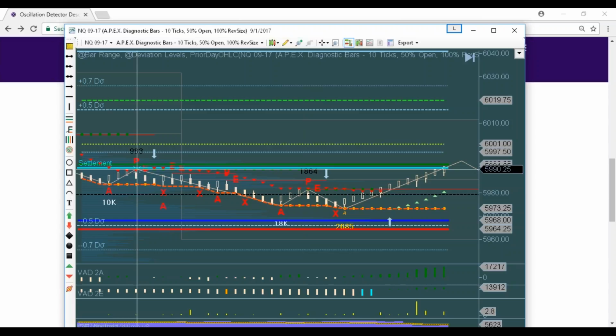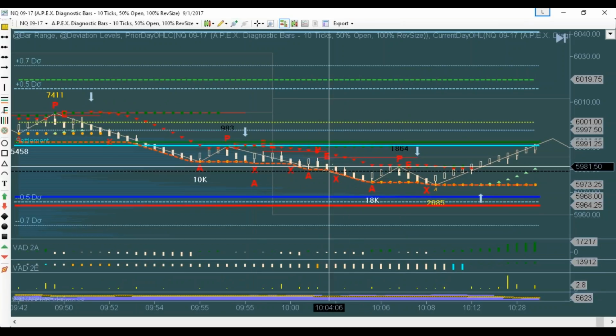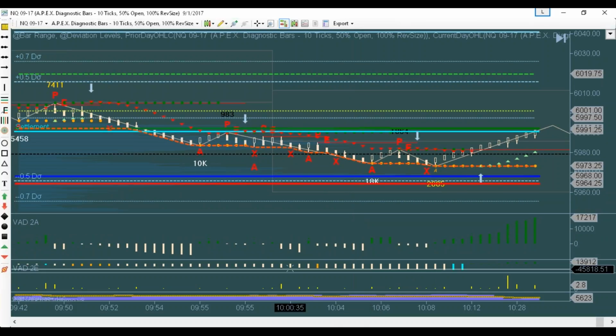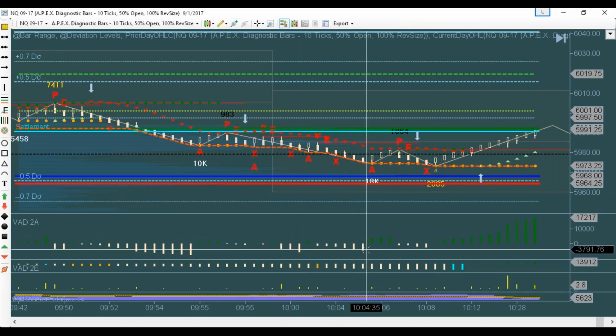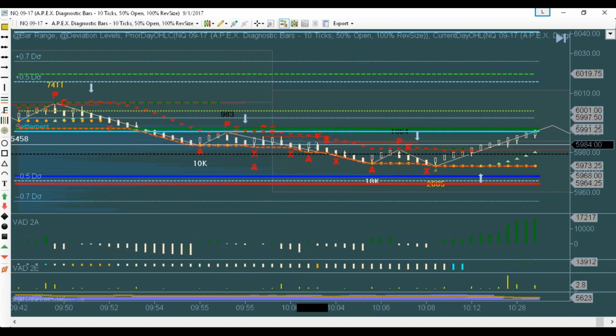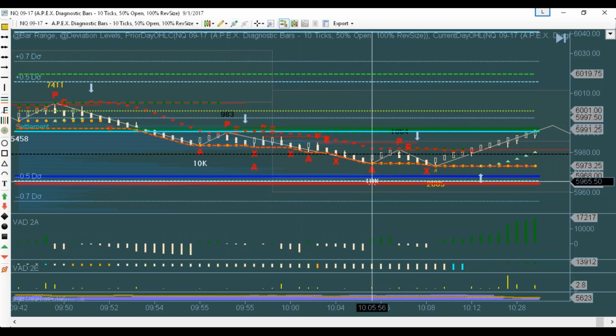So remember, here's the example we talked about earlier. I see this last push down in VAD as smaller, from here to here, right? But the oscillator shows me that the overall trend was bigger. They don't match. But I can understand why, right?